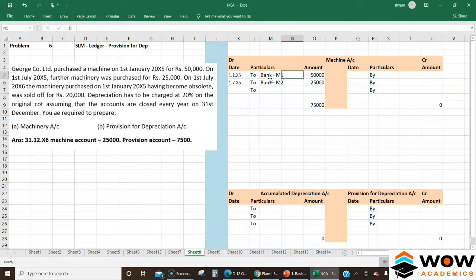So we have to provide depreciation. As the first machine is purchased and held for the entire year, we can provide the full depreciation, which is 20%. We have to give a date.